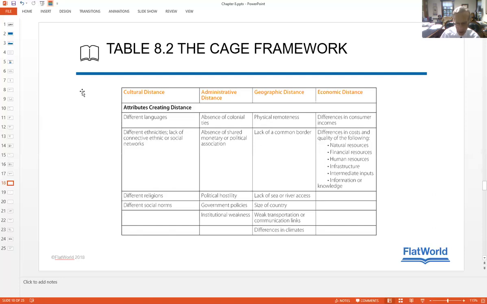But it's not just the UK. The Dutch did a lot of internationalizing. So did the Italians.